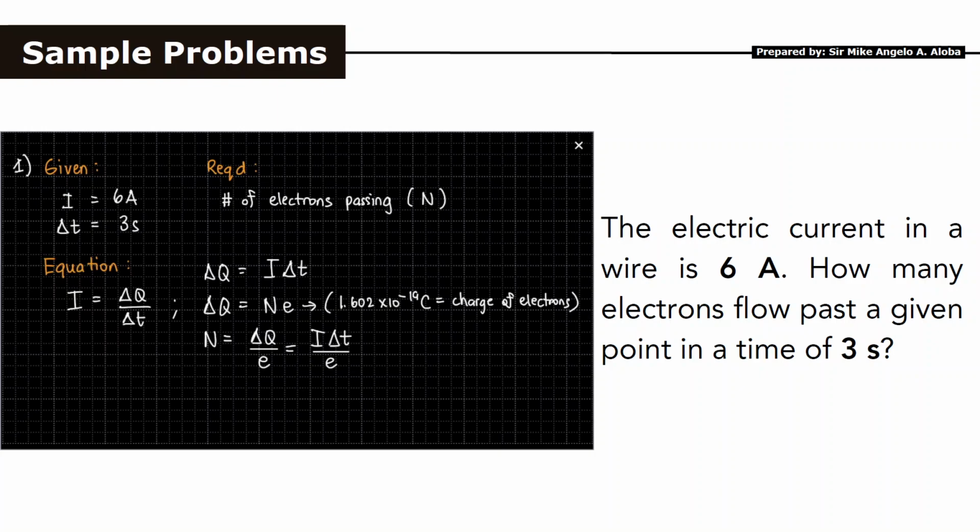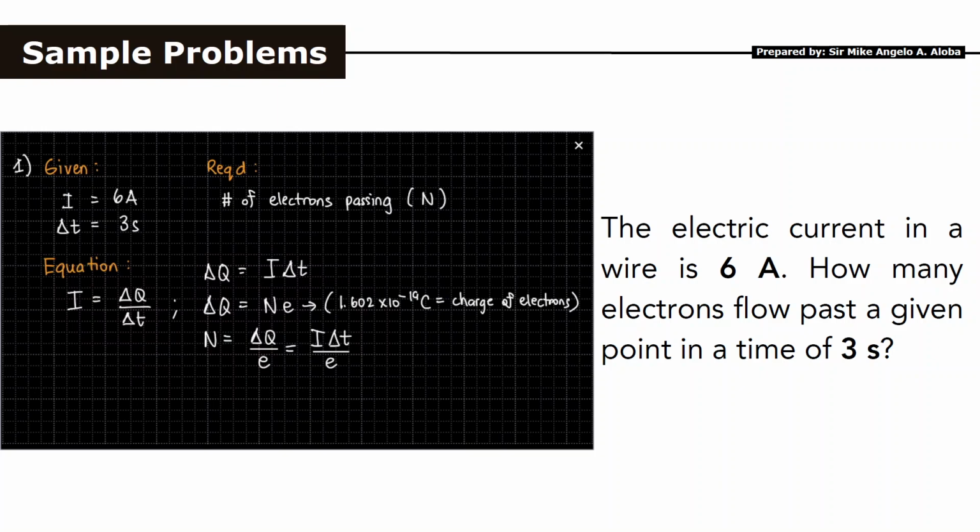First, we know that current I is the ratio of charge over time. So from this formula, we can get delta Q, or the charge, which is equal to I times delta T. But delta Q is also equal to Ne, where N is the number of electrons passing through a cross section area, and e is the charge of an electron with a unit of coulombs per electron.